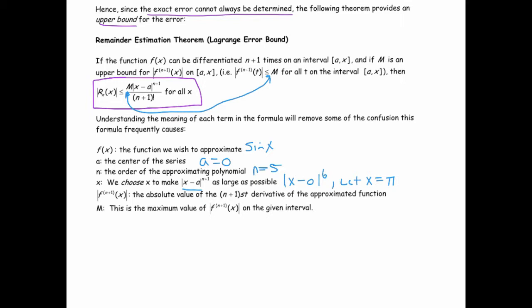Okay, and then lastly, M is the upper bound for the absolute value of the n plus first derivative. M is going to be the biggest it can be, the maximum value it can take on the given interval.